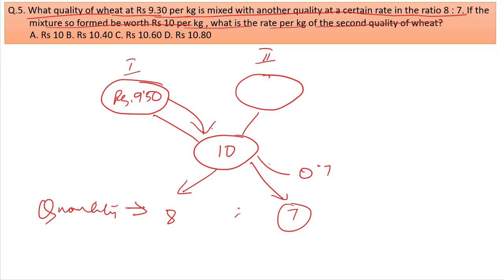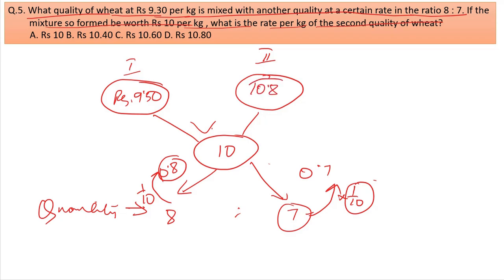But according to the question we have 7 here, so we need to get 0.7 by multiplying by 1 by 10. Here also we multiply by 1 by 10, so we get 0.8. This 0.8 must be added to 10, so we have 10.8 here. That is option D, the correct answer, 10.8.